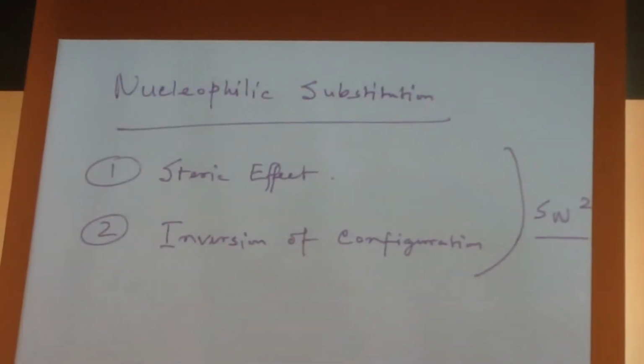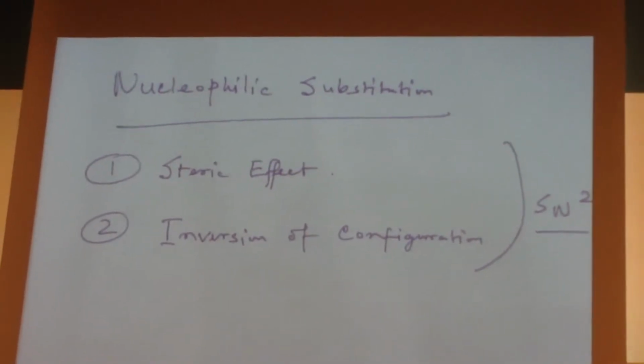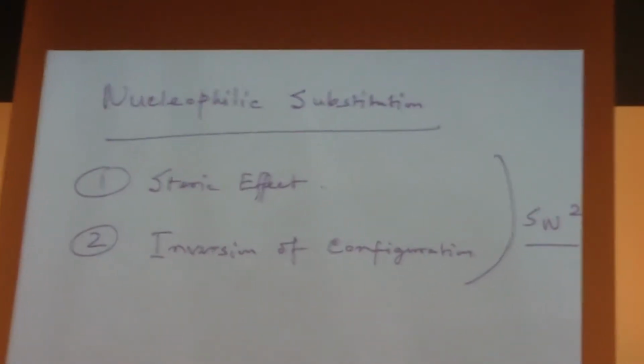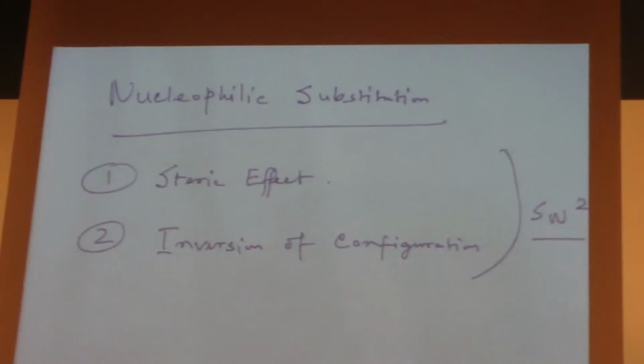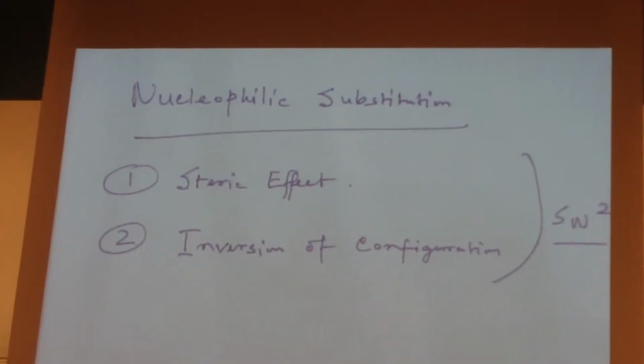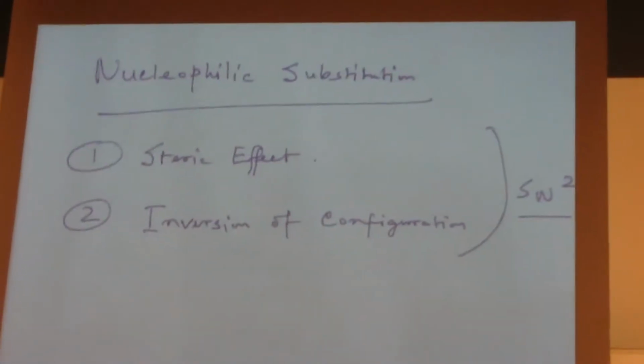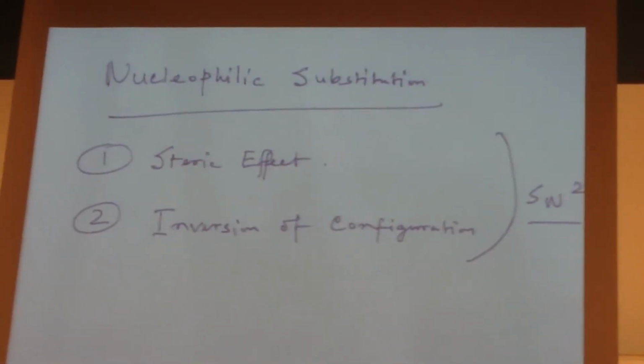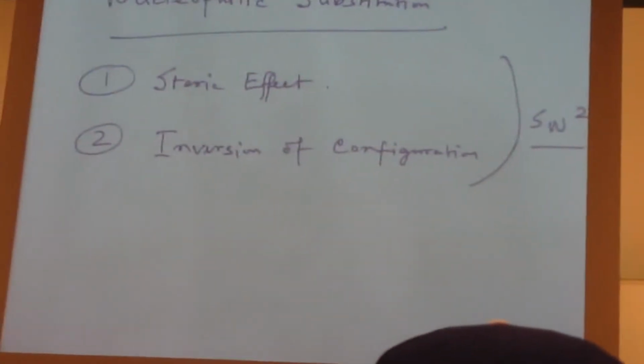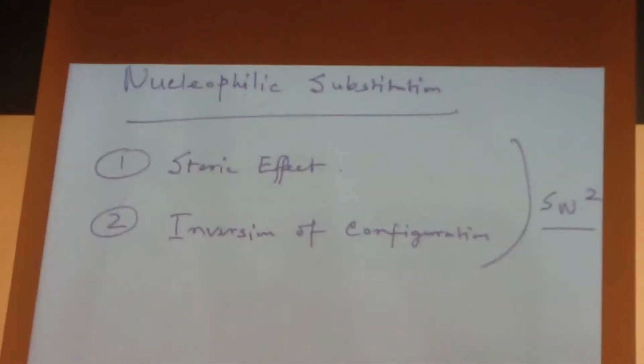In other words, in many cases, there will be inversion, but we wouldn't know about that because, let's say, if you have a methyl group, the hydrogens are inverted, but that wouldn't make any change in the stereochemistry. But when there is a stereochemistry involved, and if it is chiral, then you will see the effect of that. So those are the two important things that we discussed.